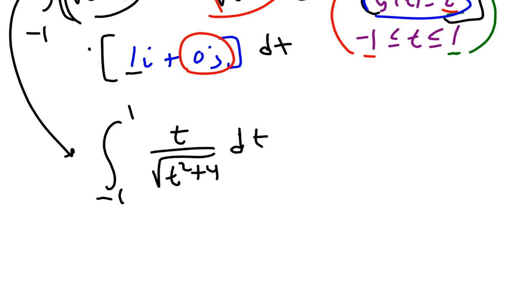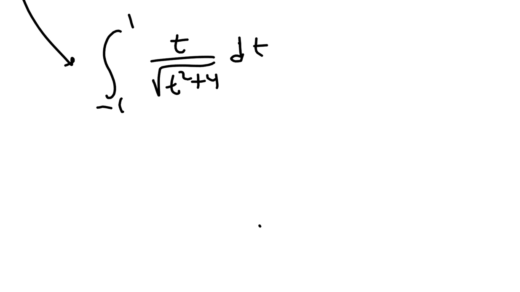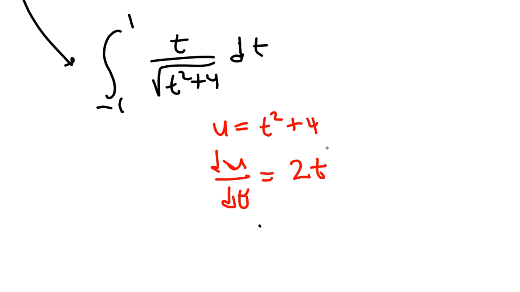So now we go back to what we know from our second semester calculus course. We're going to find an antiderivative here. I'm going to use a u substitution. I'm going to let u equal the expression on the bottom, t squared plus 4, because it's inside the square root function, and then du/dt is equal to 2t.